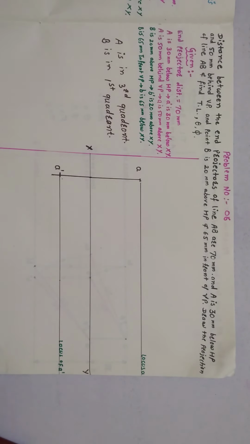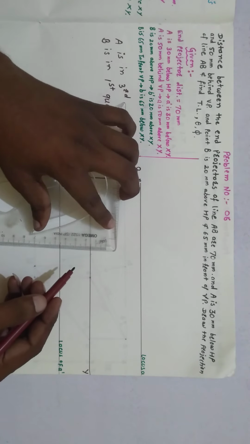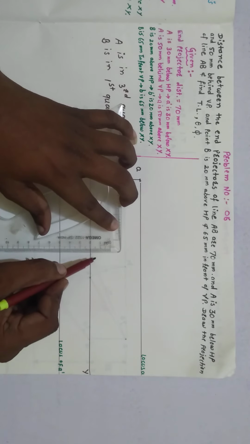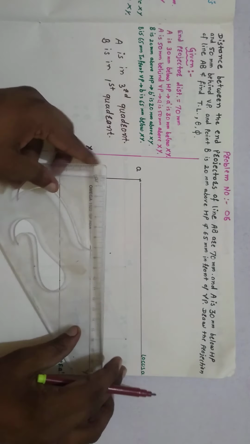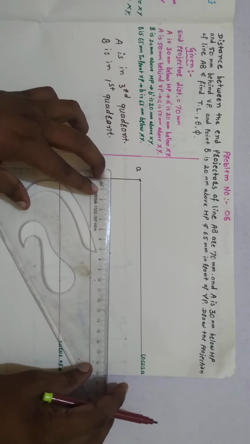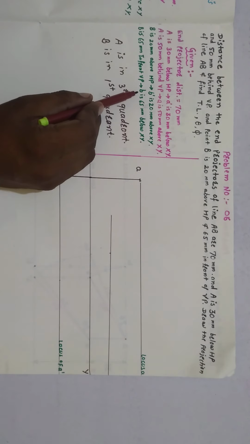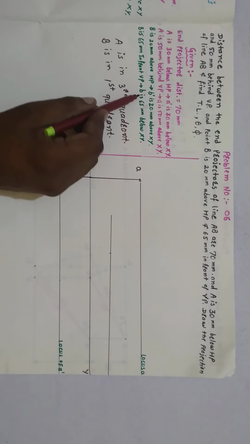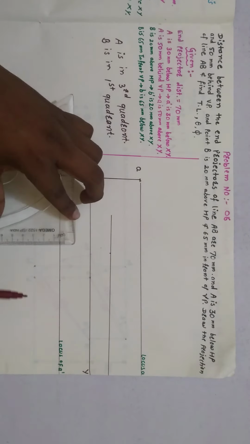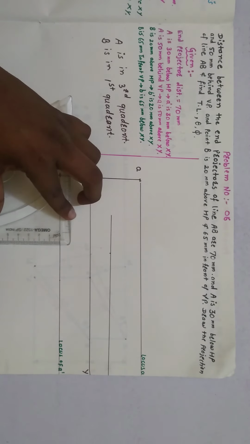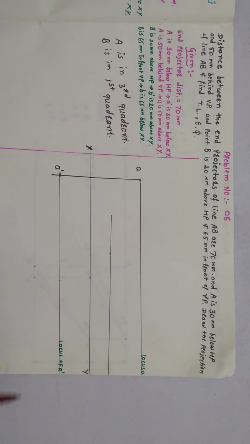The location of point B dash is 20 mm above the XY line. So take 20 mm above the XY line and draw one straight line parallel to the XY line. Similarly, the location of point B is given, it is 65 mm below. So take 65 mm distance below the XY line and draw another straight line.